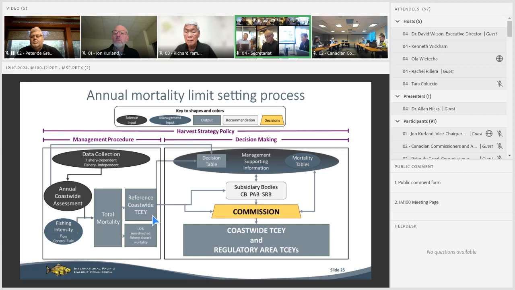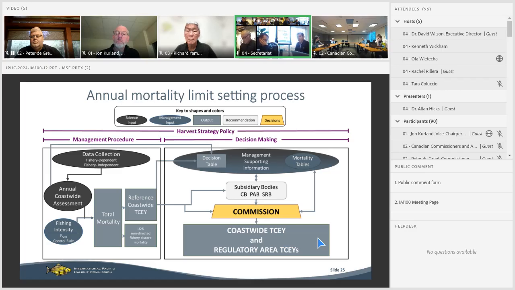And one change that we've made to this figure at the request of the MSAB, and I really thank the MSAB for that request, is that we've noted that an outcome of the commission is actually the coast-wide TCY and the regulatory area TCYs.